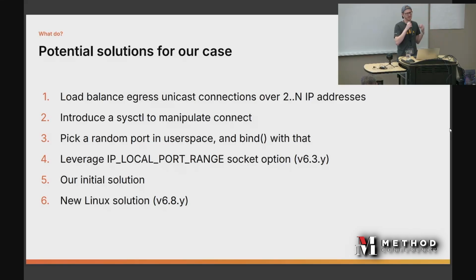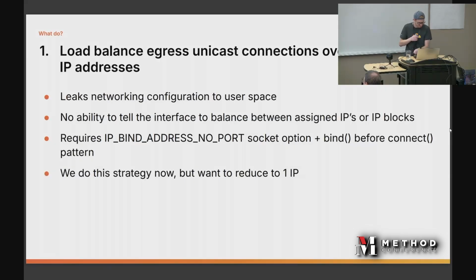We can have user space do this for us, or we can leverage some kernel features as of version 6.3. What we ended up doing is what is coming in Linux 6.8, which happened this year. We're now at 6.12, so we'll talk about that in a minute.